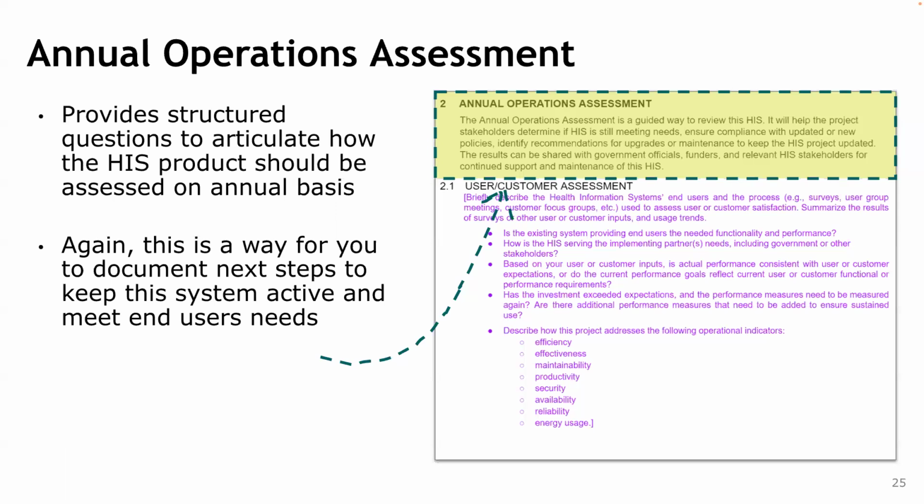So I think things like your security, availability, reliability, energy usage, those ones at the bottom there, I think those should, as much as possible, have some form of live monitoring, but you could do an annual, much deeper test. For example, in your security, you could do deeper penetration tests to see if there are any vulnerabilities.